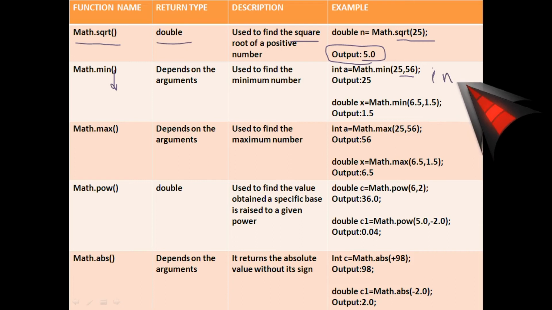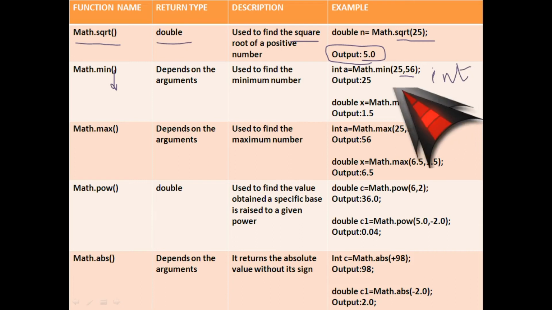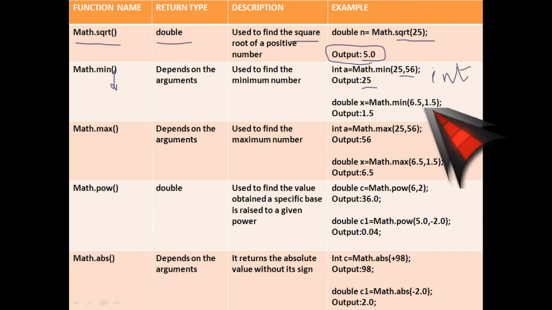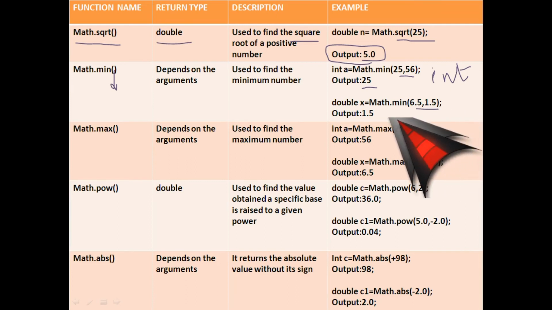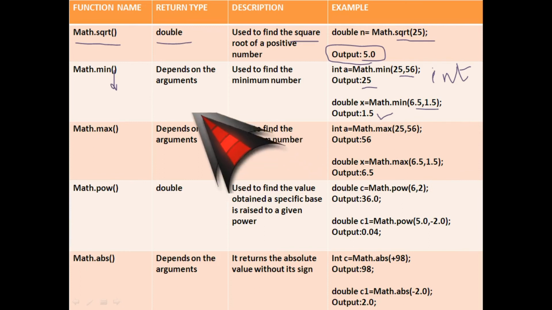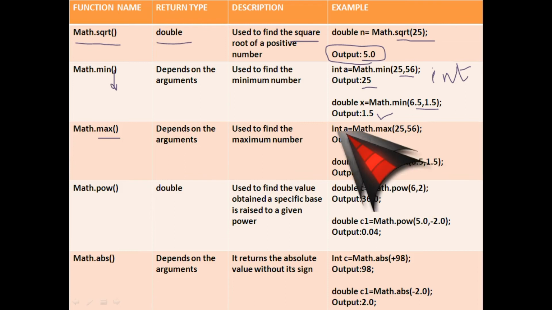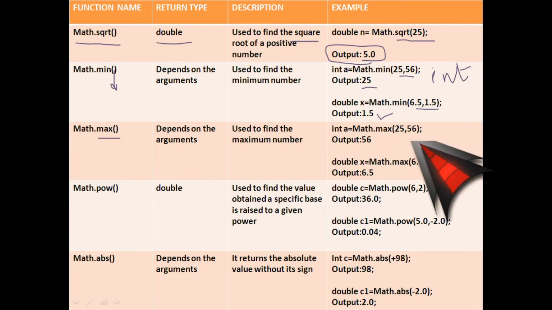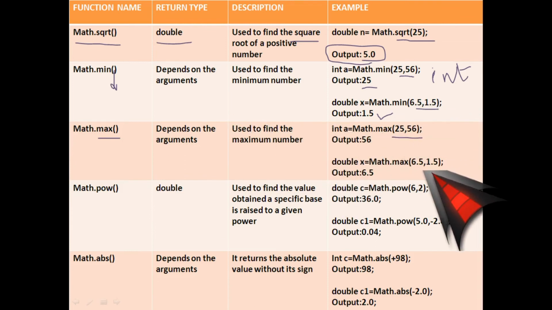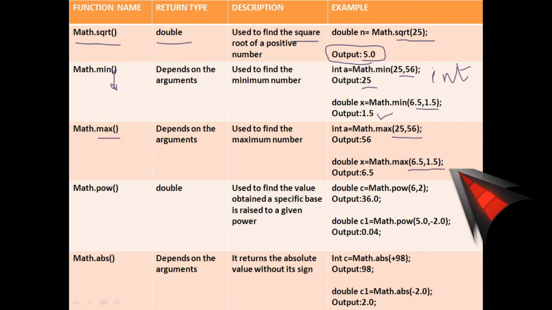But when I compare two fractional values, the result will also come as a fraction. Similarly, Math.max means finding the maximum number out of them, and two examples are given. Out of 6.5 and 1.5, the maximum number is 6.5.